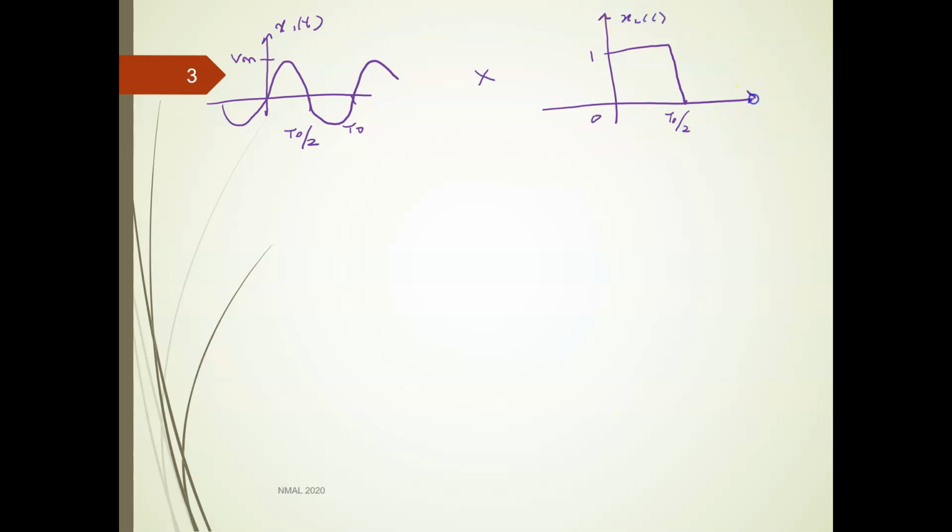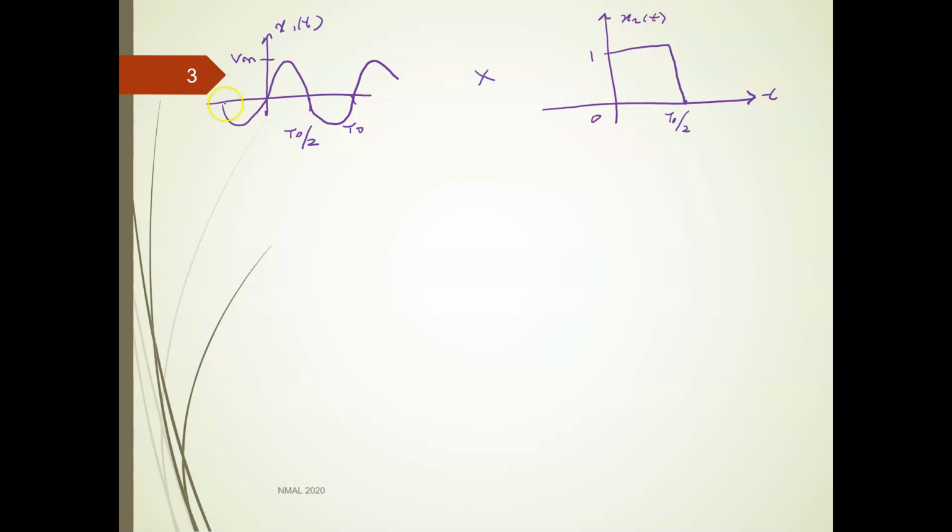This is x2t. Basically this is very easy because any signal with the same period of time multiplied by 1 will only have values inside this rectangle. Imagine that you put this signal behind this x2t.